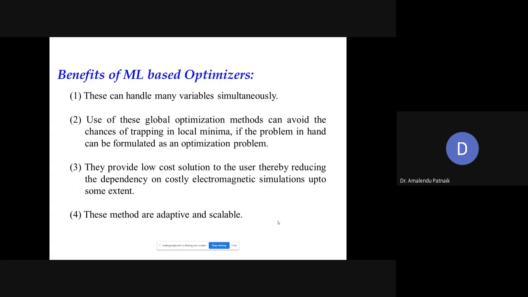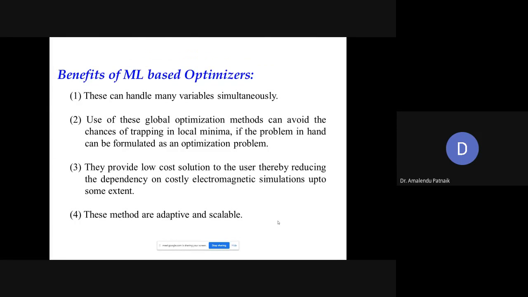Costly in the sense of the simulators, not only monetary wise, but also time of computation and complexity of the problem. Those are all costly problems. But these optimizers provide a low-cost solution, thereby reducing the dependency on costly electromagnetic simulators up to some extent.